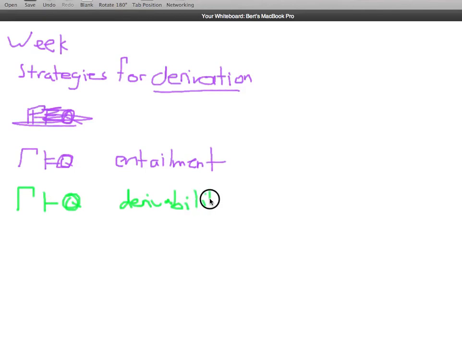So this is a claim about derivability. This is entailment, this is derivability. And one of the things that SD is good for is checking for certain kinds of properties, namely validity, equivalence, inconsistency, and whether or not a sentence is a theorem. We'll go over some of the details of how to check that in the following videos. For now, I want to look at what it means to check a derivability claim.